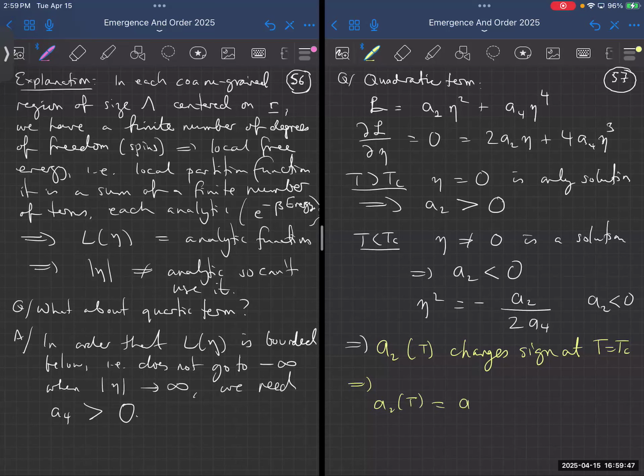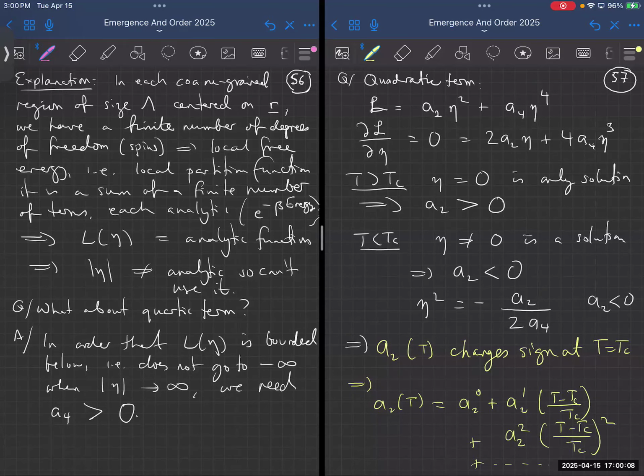And so therefore we can expand A2 as some constant plus A21 (t minus tc) over tc plus A22 (t minus tc) over tc squared plus higher order terms.